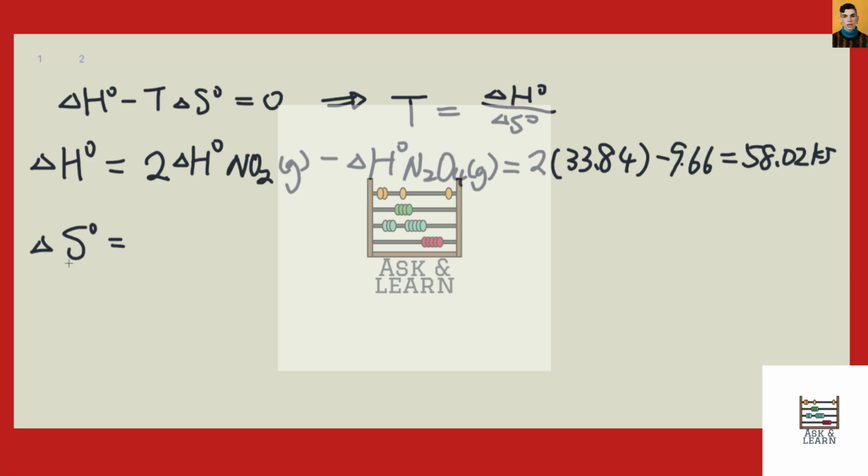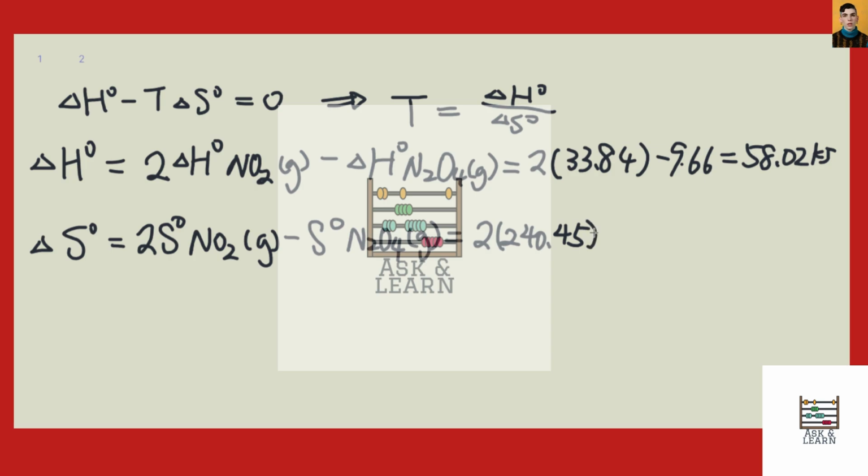And the delta S of the reaction is 2 times S0 of NO2 gas minus S0 of N2O4 gas, which is 2 times 240.45 minus 304.3. This is equal to 0.176 kilojoules per Kelvin.